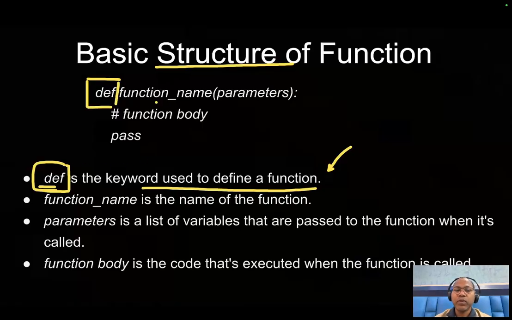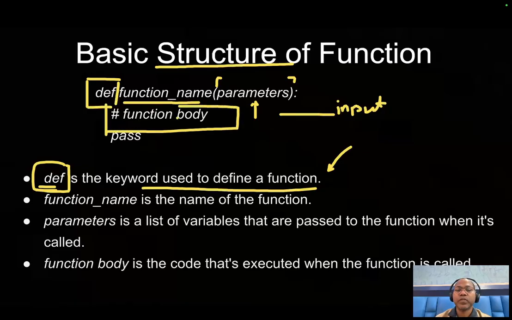So use the def keyword and your function name, very descriptive, and the parenthesis. And after that the parameters, that means your input. Your function might take some input to perform the task, and this is your function body. And if the function wants to return something, then you can use the return keyword.